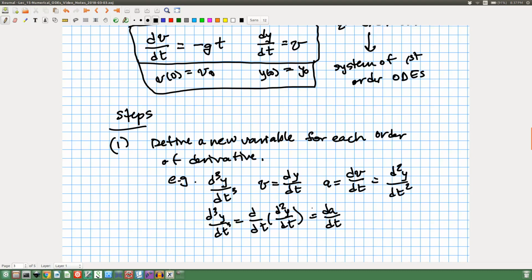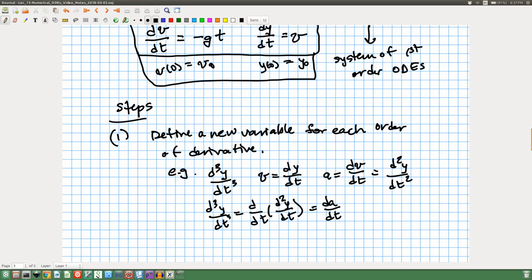And anywhere I had a second derivative, I have v, and that's it. I just keep adding variables for every order of derivative that I go up. So that's step 1.